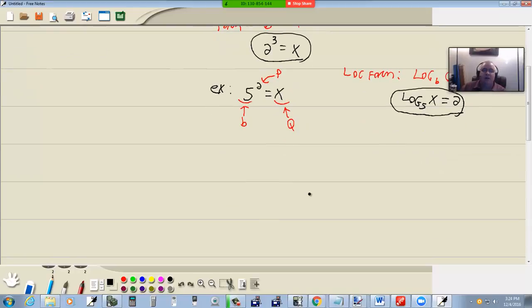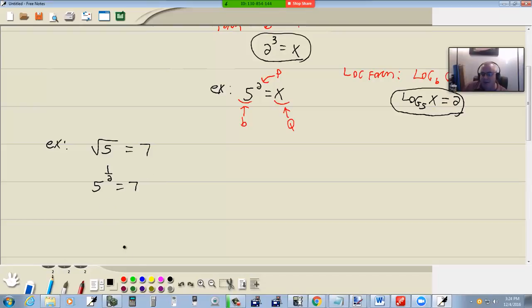Now sometimes you have to rewrite it. Like if I had the square root of 5 is equal to 7, and the instructions were to write it in log form. Well, we can rewrite the square root of 5 as 5 to the 1/2. It's equal to 7. By the way, that doesn't equal 7, but let's pretend it does.